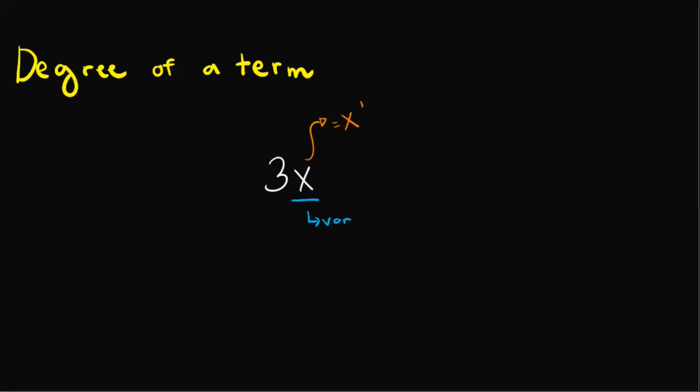So we know that the sum of the exponents on variables in this term is equal to 1. And thus, the degree of this term is 1. So that is how we get the degree of a term.